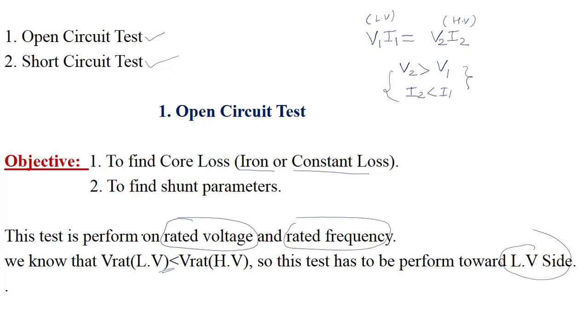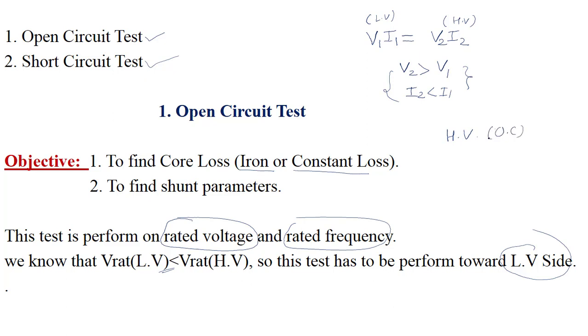So while performing this test at rated voltage, if we perform it on the low voltage side, then the equipment or apparatus that we use to measure the voltage, current and wattmeter will be of low rating. Low rating of the apparatus means low cost. So it is always desirable to perform this test on the low voltage side while keeping the high voltage side open circuited.